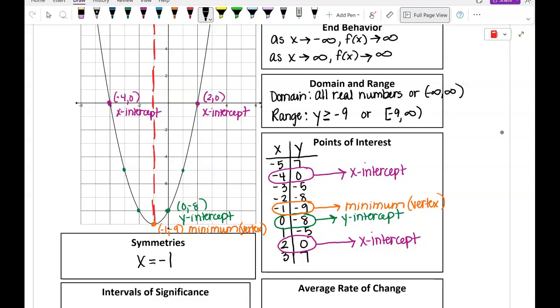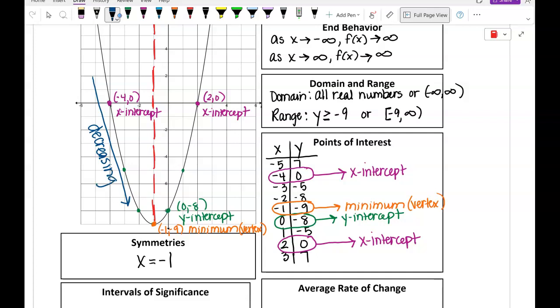Now, the intervals of significance are going to be a little different here because we have both increasing and decreasing in this graph. And our y values start positive, go negative, and then go back to positive. So we have a couple different intervals here. Because this one opens upward, the left-hand side of our parabola is decreasing to start with.